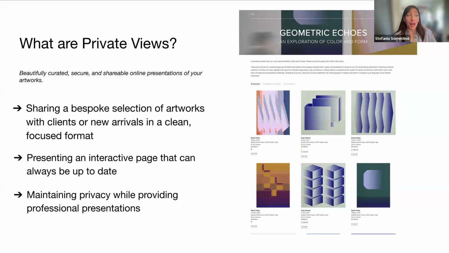Private views also give galleries better control over the data that they share and collect on the collectors, while also increasing the security of that data. The fields that you'll find in private views are very much tailored to the artwork.